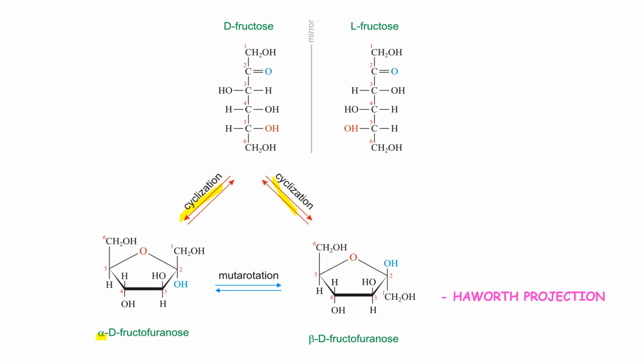And you can see the OH group is present in the downward direction in the alpha form, and the OH group is present in the upward direction in the beta form. And these are known as the Haworth projection. And both of these molecules, alpha D fructofuranose and beta D fructofuranose, undergo mutarotation, which is the spontaneous change in their optical activity when they are put into a solution.